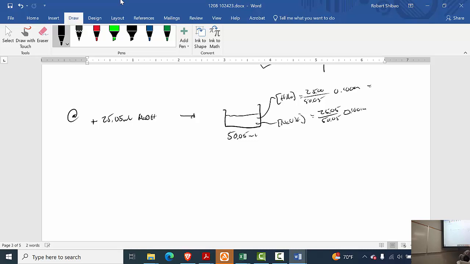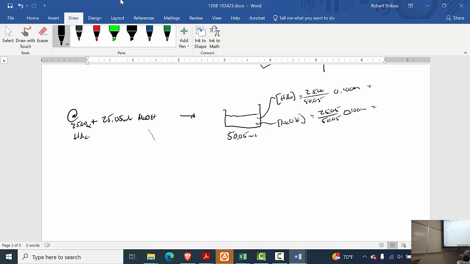How did you get the 50.05 milliliters? 50.05 is the total. Oh, it's half, because I didn't write the 25 milliliters of acid here. So on the other side of this plus sign is 25.00 milliliters of acetic acid. And so it's just the combined volume, 25 and 25.05, 50.05.